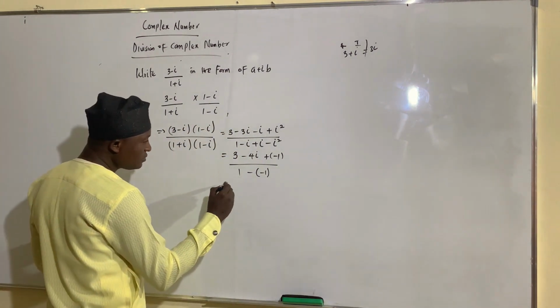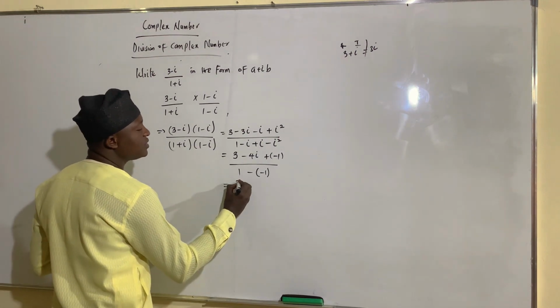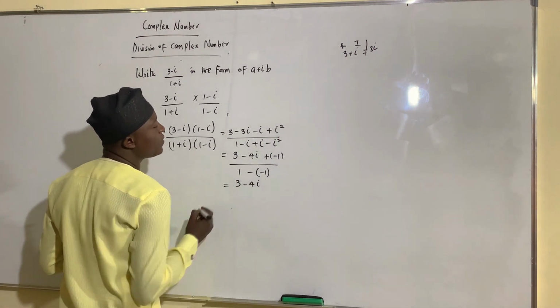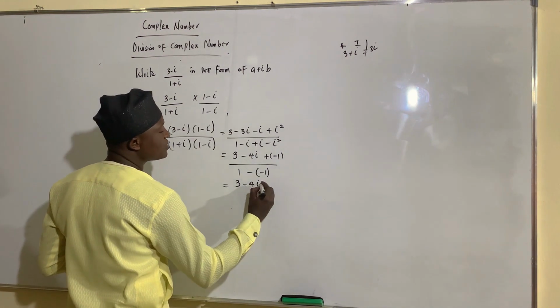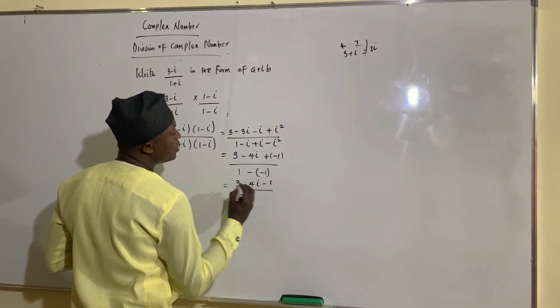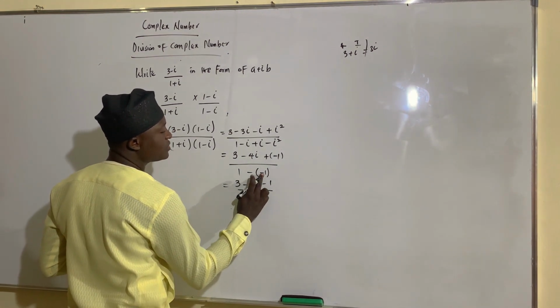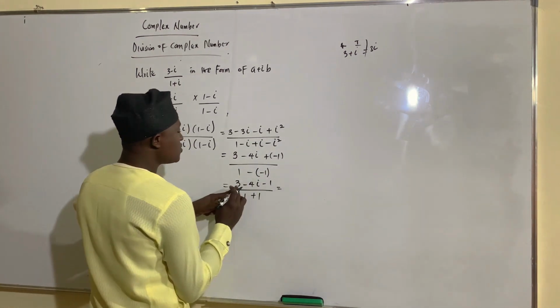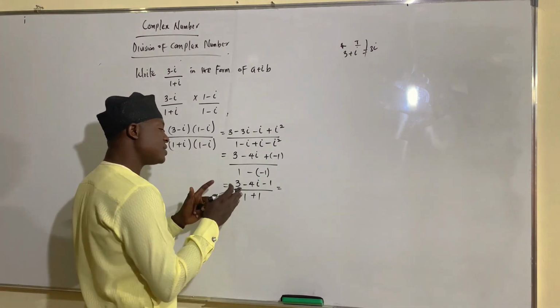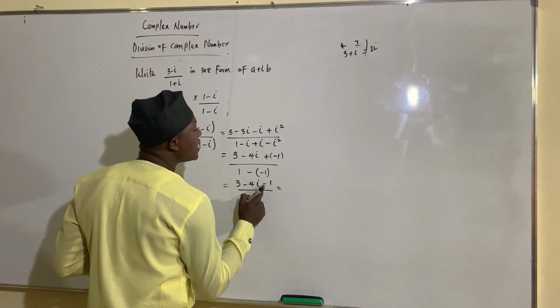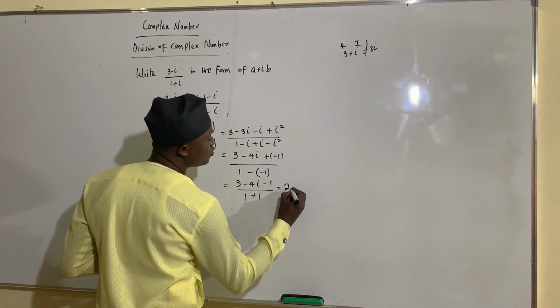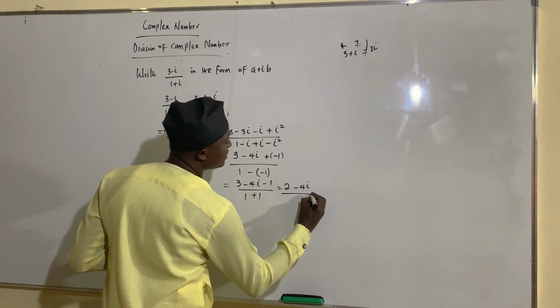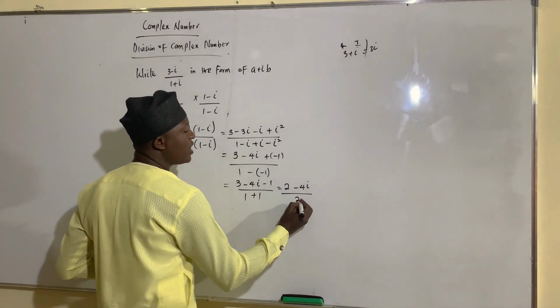So now we can have the numerator to be 3 minus 4i. Plus times minus, that's going to be minus 1, all divided by 1. Minus times minus of this, and we have plus 1. Now let's add the real numbers: 3 minus 1, that's going to be 2 minus 4i, divided by 1 plus 1, and we have 2.